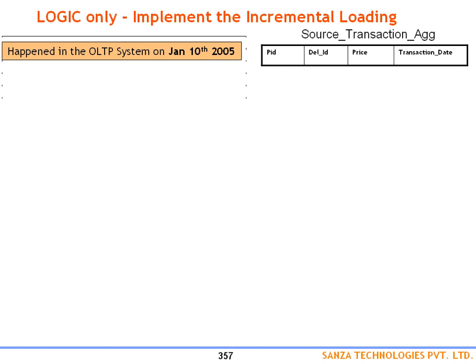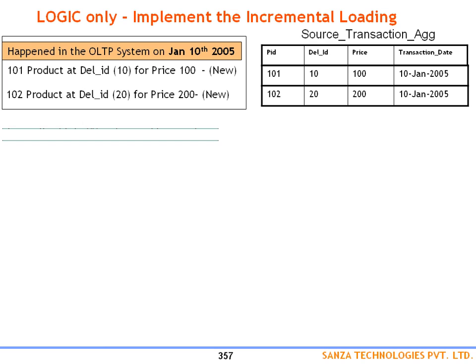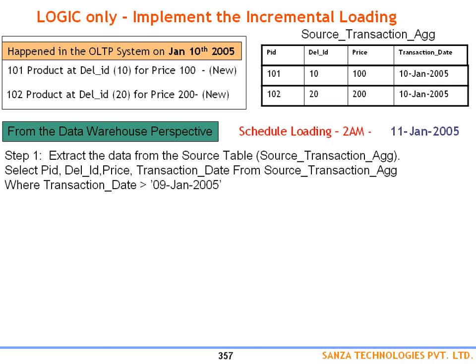So let's assume that the source transactions happened as per your schedule, 2 AM on 11th January. You extract it. What do we do? We select the data where transaction date is greater than 9th January 2005.